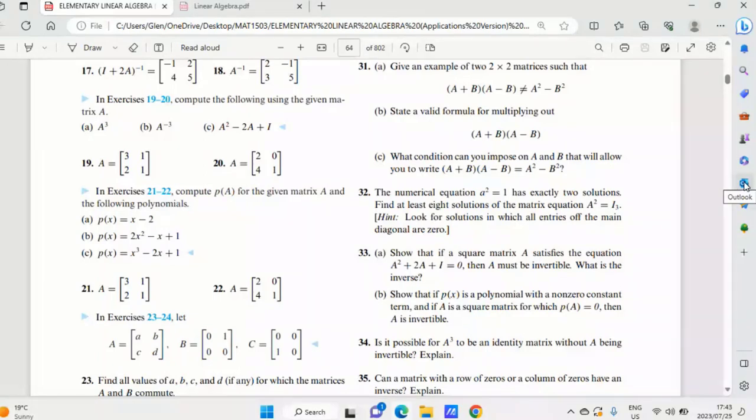Now you understand? I understand. You can try it now and see what you get.